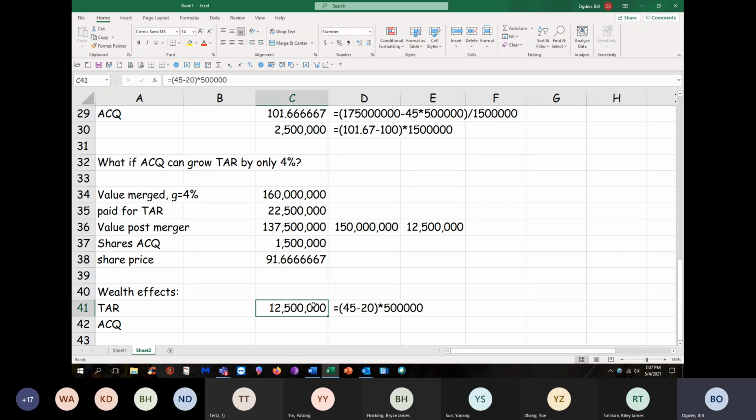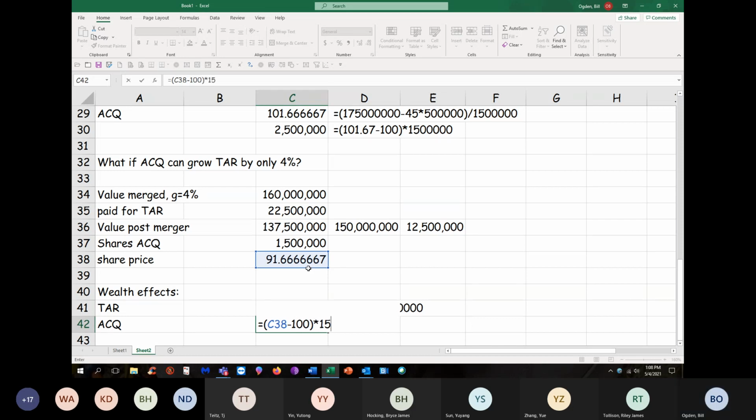All right. So we can also do the wealth effects. If we already have the price, then it's pretty easy to see. The other way to do this, of course, since you already did the price, you can say that they've closed at 91.67. They were formerly $100. And this is times 1.5 million shares.